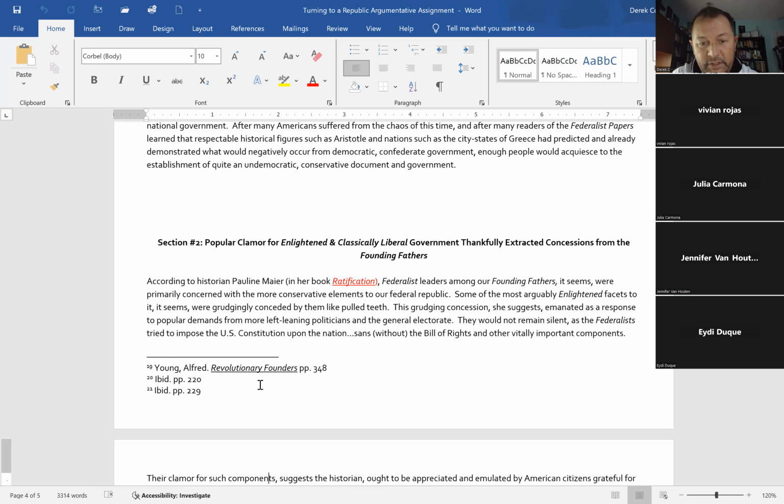So, for instance, the majority of them had a college education. When you go outside this elite group, the number of people with a college education in the 1780s was less than a tenth of 1%. It was ridiculously low. All right.